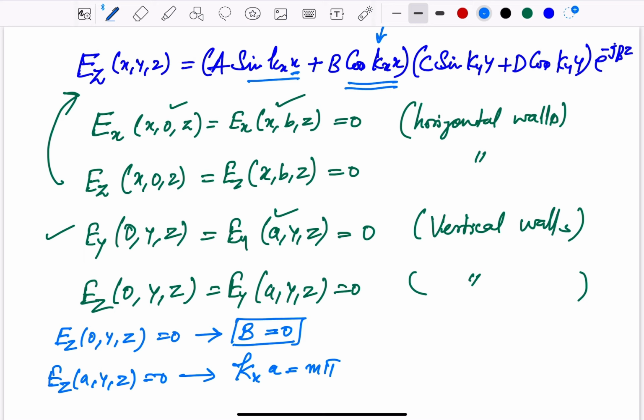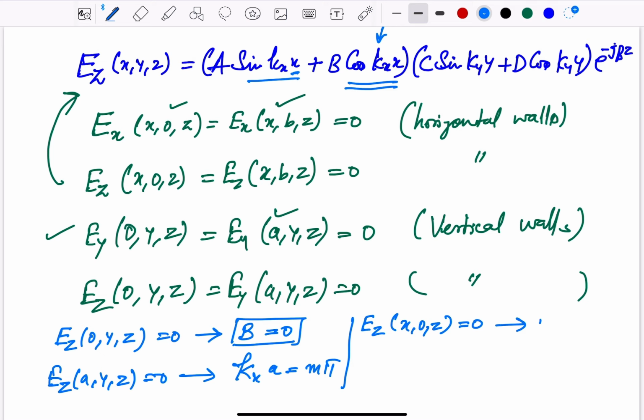That is then only actually we can say this Ez component will be 0. So this is one thing. In a similar sense, you can apply once again Ez at x = 0 and z = 0.